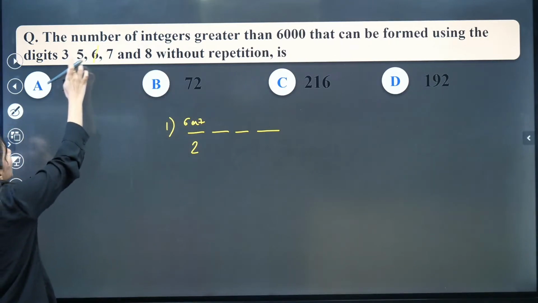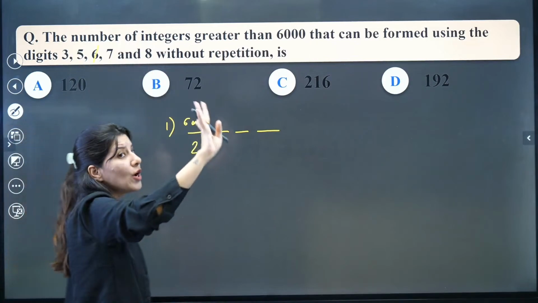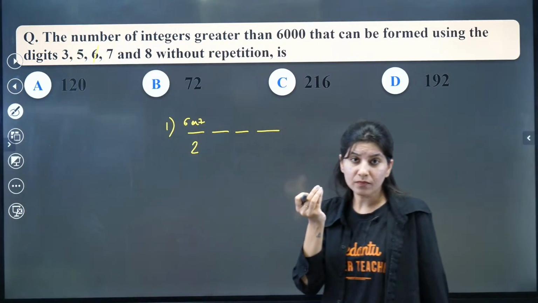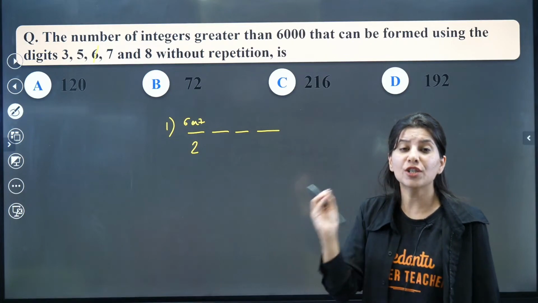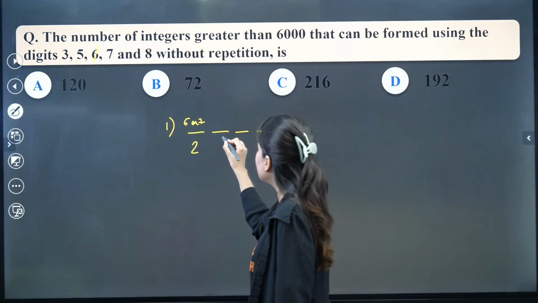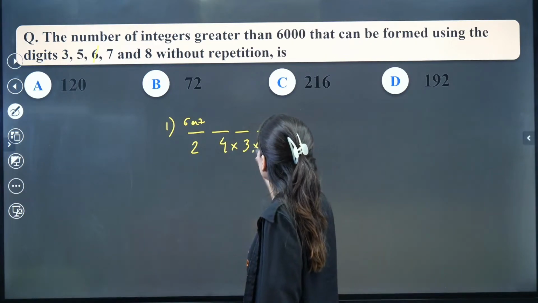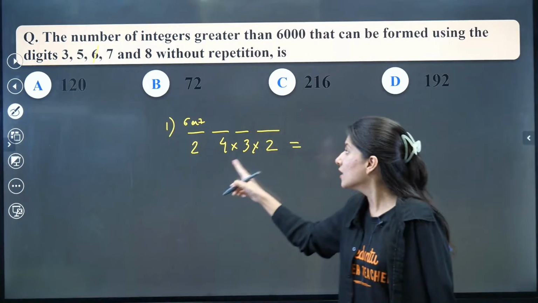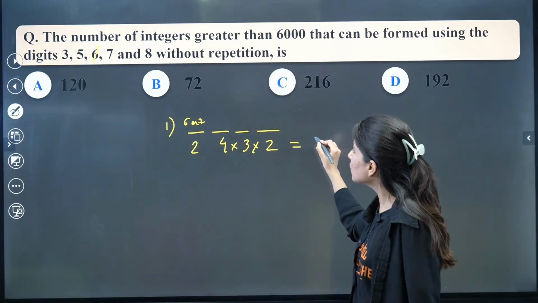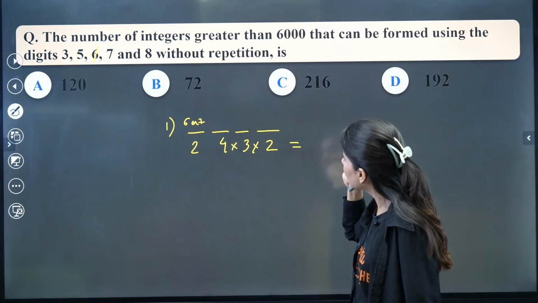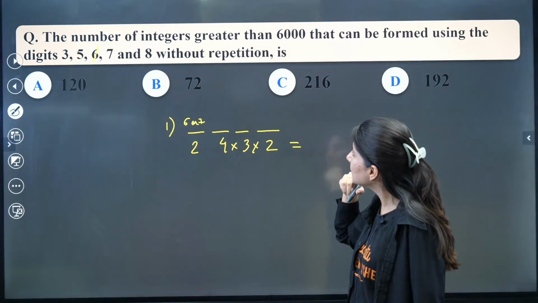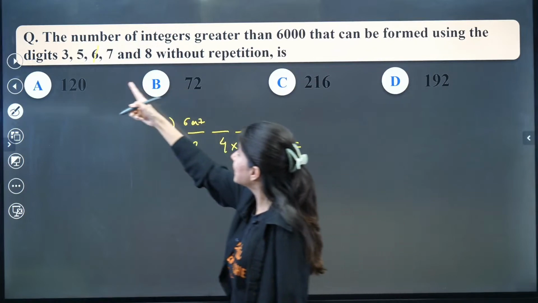Now I am left with four numbers, 4 digits. So this can be done with 4, then 3, then 2, without repetition. So 24 into 2. All right, sorry, 6, 7 and 8.